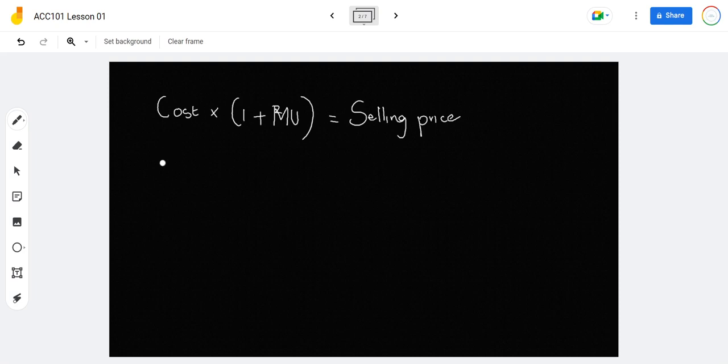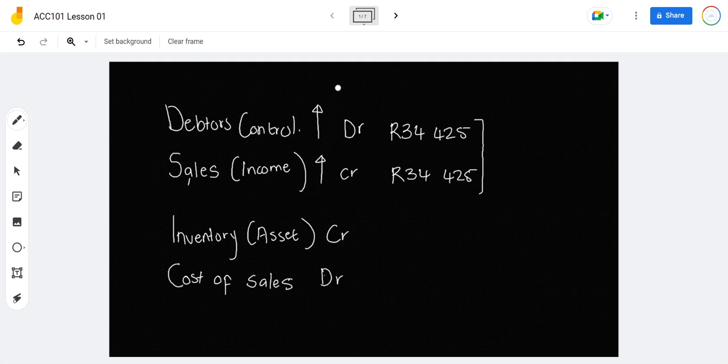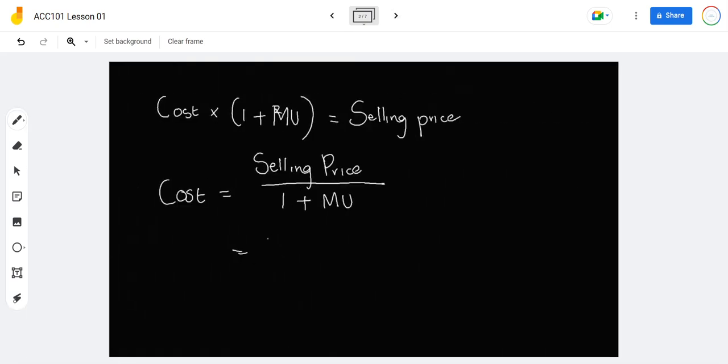Now we want to know the cost. So to find out the cost, you'll simply say selling price divided by 1 plus markup cost. What is the selling price? Selling price is 34,425.